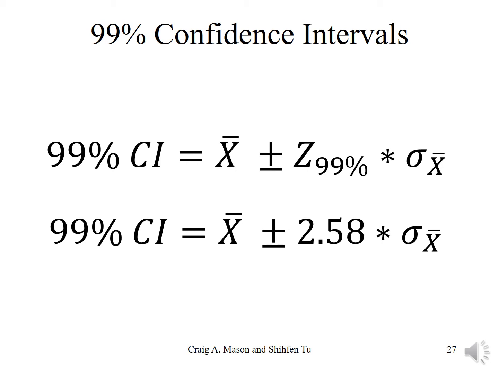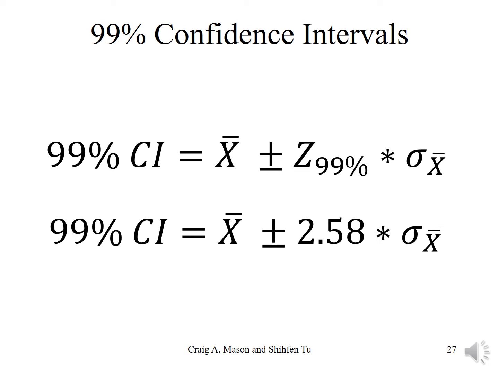Okay? Now, to calculate a 99% confidence interval, we need to know the z-score that bounds 99% of the normal distribution. That's the z-score of 2.58 within rounding. So the 99% confidence interval is just the sample mean plus and minus 2.58 times the standard error.